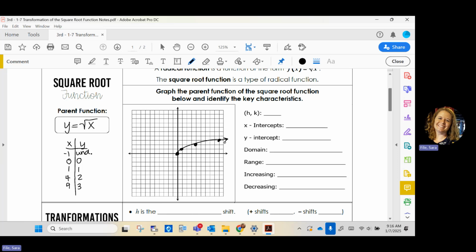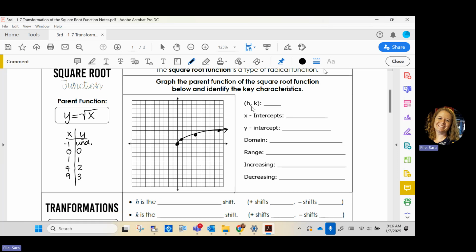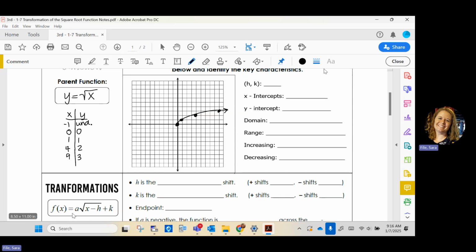Okay, the HK value that they're asking for over here is referring down here to our transformation rules. Remember, what's being added or subtracted inside is your H, what's being added or subtracted outside is your K. It starts out as a minus H and a plus K. So in the parent function, is there anything added or subtracted outside or inside that radical?